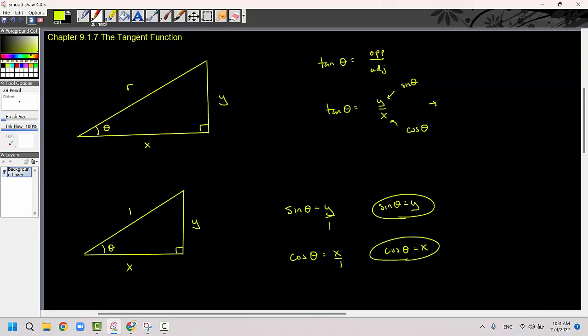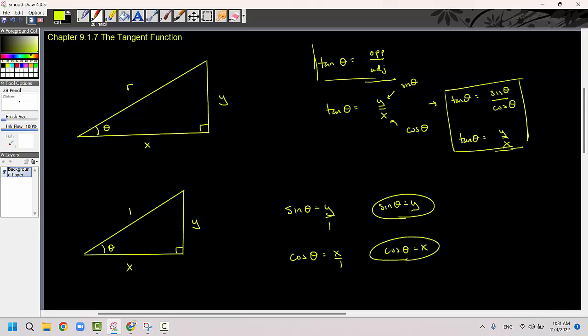So another way of looking at tangent would be sine theta over cosine theta. There are two ways to look at tangent, or technically three ways if you include this one, but they all ultimately end up being the same thing. Hopefully that makes sense in terms of what tangent actually is.